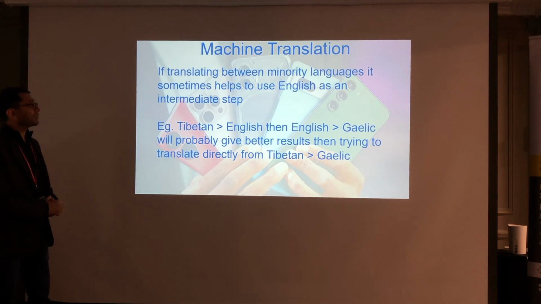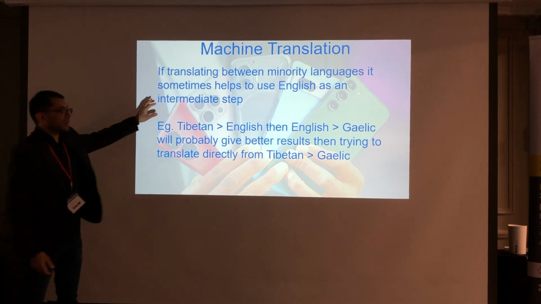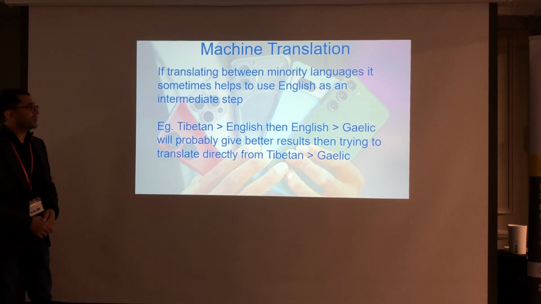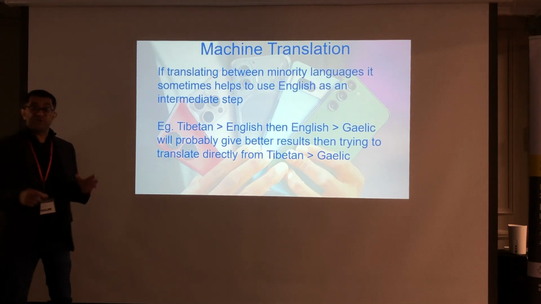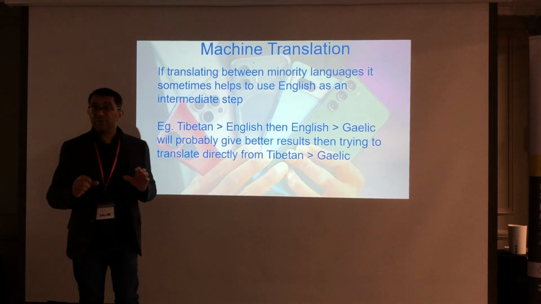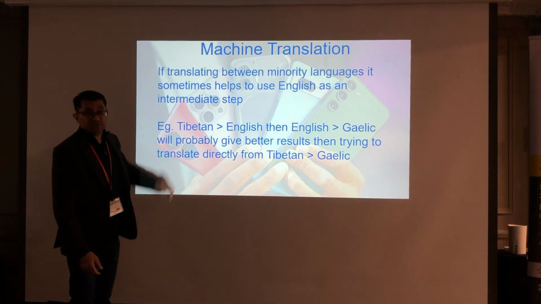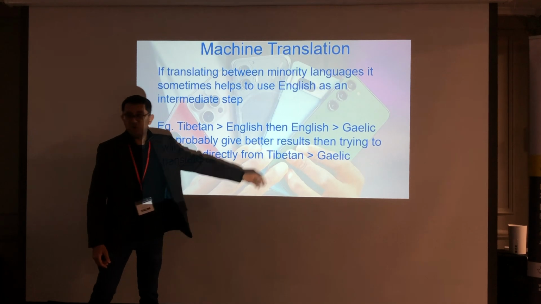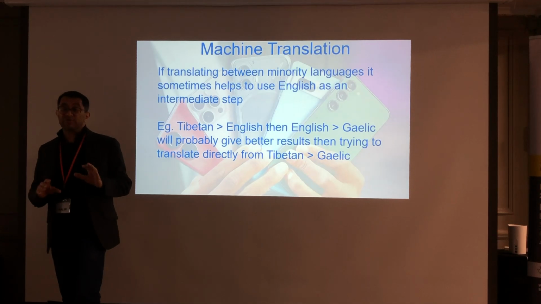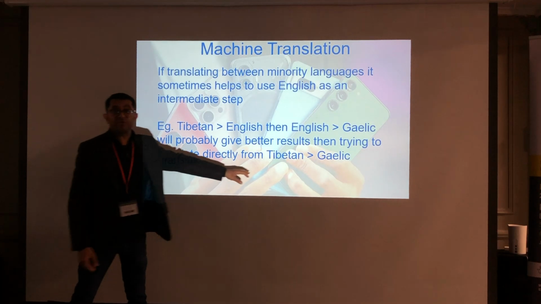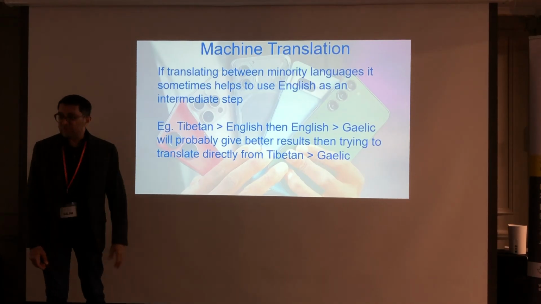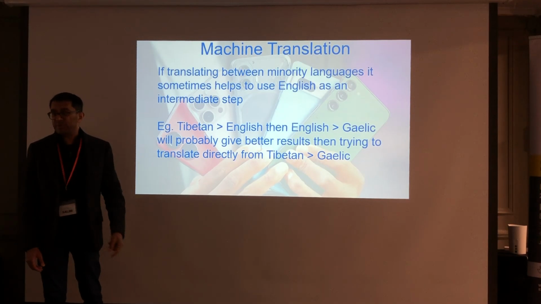Good point. One thing that we noticed when you use these translation engines, because those 150 trillion words were mostly English, it does have a bias towards the English language. So if you're trying to translate between two non-English languages, particularly minority languages, it probably doesn't do a very good job. Sometimes it's worthwhile using English as an intermediate step.